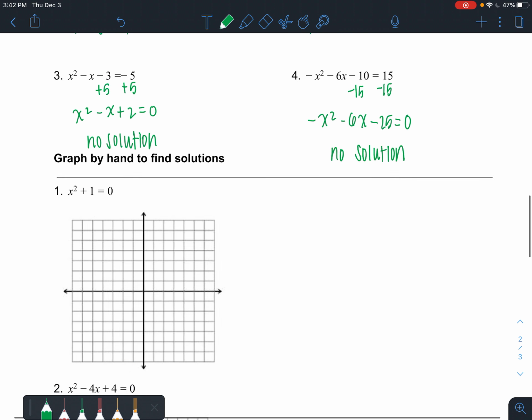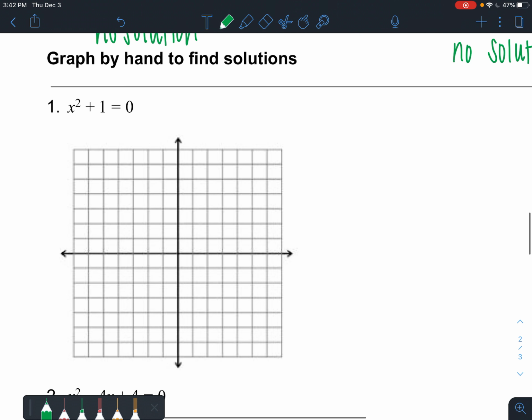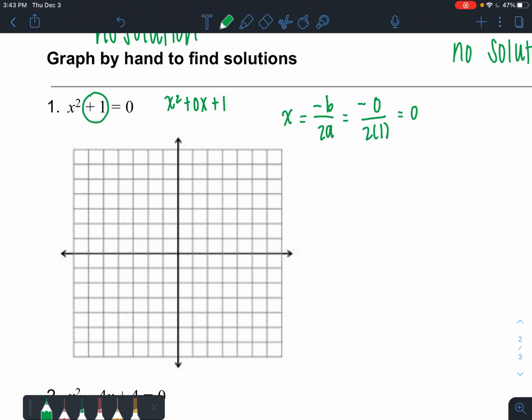Okay, sometimes we want to graph by hand. So I'm going to rewrite this as x squared plus 0x plus 1, because negative b over 2a to find our x value would give us negative 0 over 2 times 1, which is just 0. Then our y-intercept is just 1.